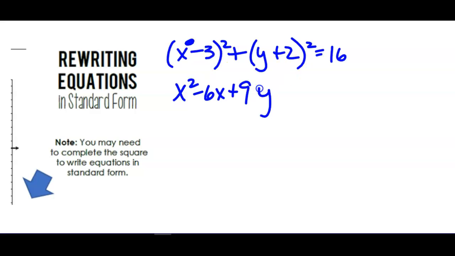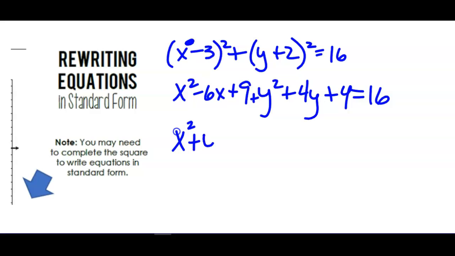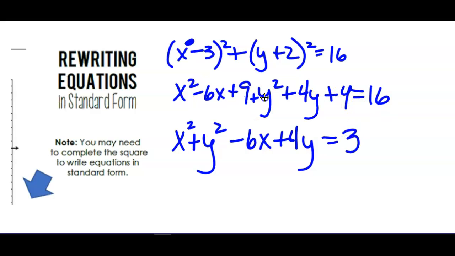If you FOILed the other out, you'd get y squared plus 4y plus 4 equals 16. They would have an x squared and a y squared, a minus 6x and a plus 4y, and then they would subtract everything over here, and I think you'd get 3. This is another form, and we're going to learn how to go backwards from this. To do that, we're going to use completing the square.